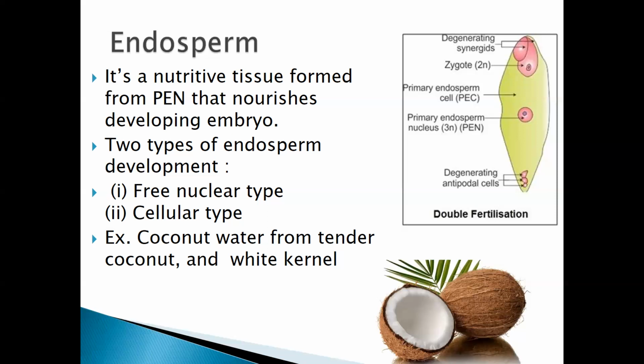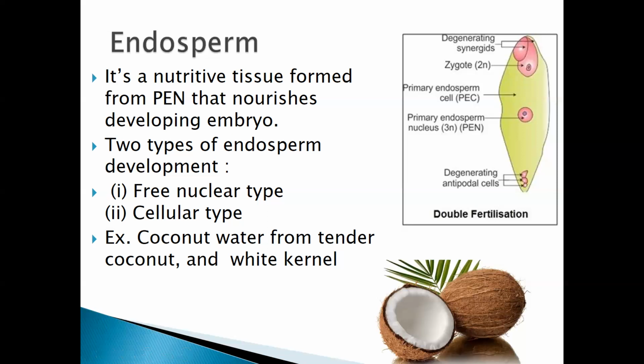In coconut, it is the white kernel part and the coconut water from tender coconut that is nothing but the endosperm. And there are two types of endosperm development: free nuclear type and cellular type.